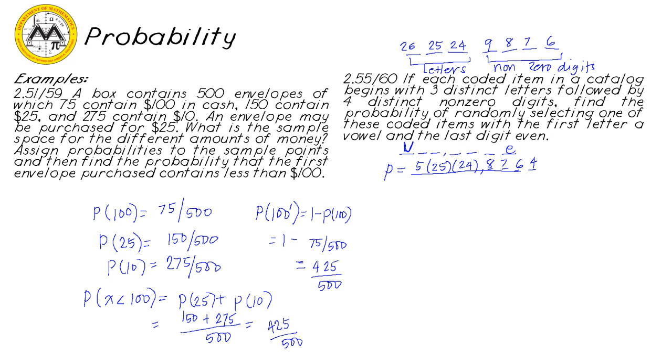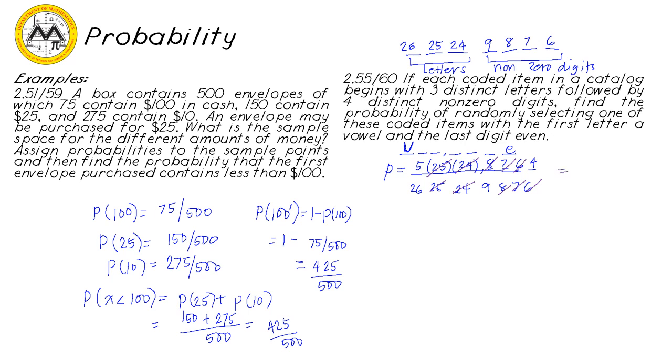We are going to divide this by 26 times 25 times 24, 9, 8, 7, 6. Observe that I haven't simplified this because I would be canceling out 25, 24, 8, 7, 6.